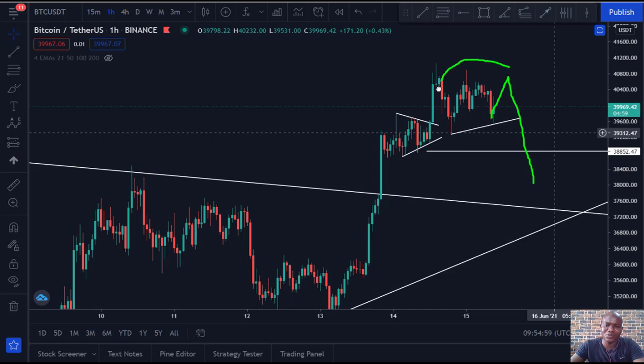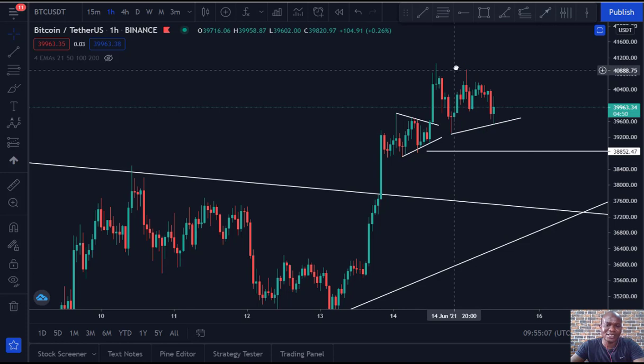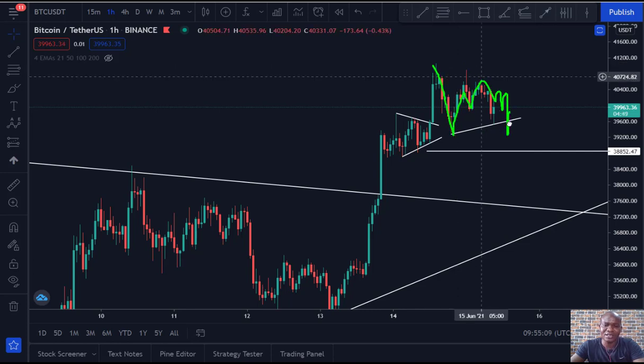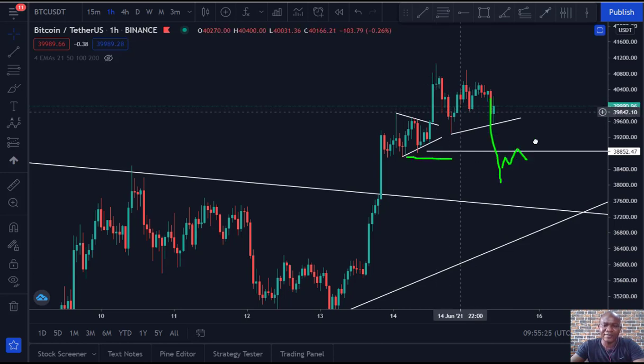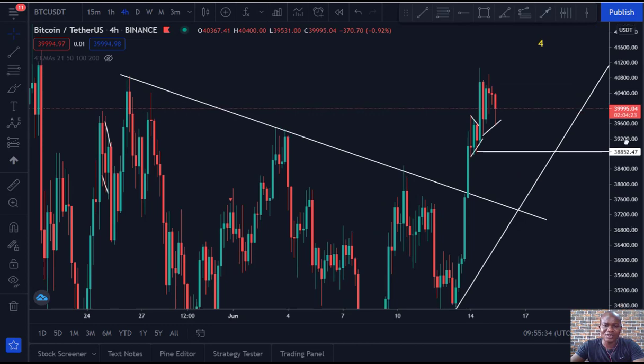But let's wait until this is completed. What we might be expecting here is as this comes up like this, it sluggishly breaks here. Then if it comes up aggressively like this, then good, we are confident to take this trade downwards. These are things we are waiting for. Or let the market break here, give us a pullback, then we'll be confident to take it downwards. That is what we are waiting for, guys, on Bitcoin.